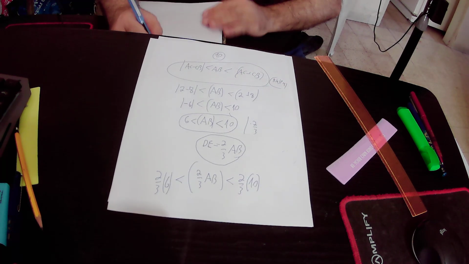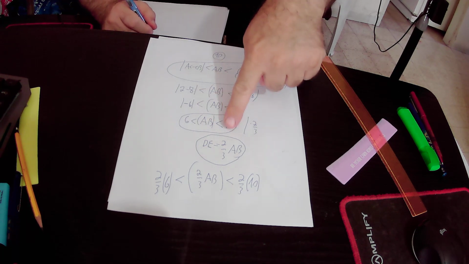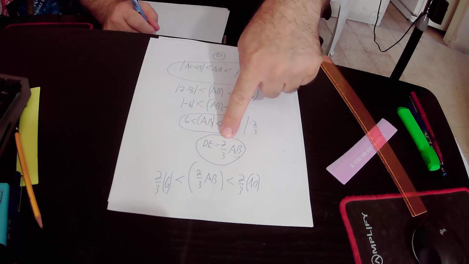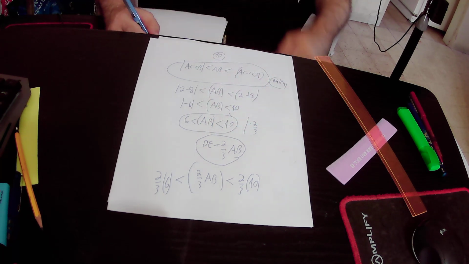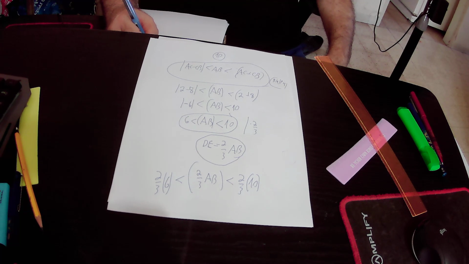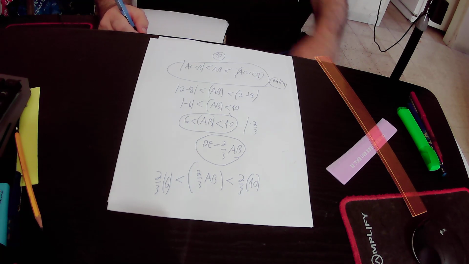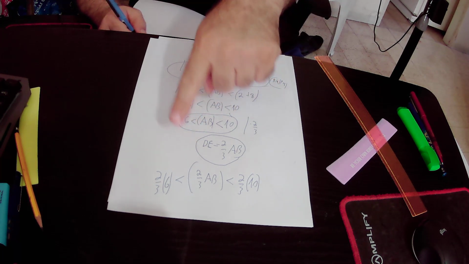So we know that 2/3 AB equals DE according to this equality, so we can substitute 2/3 AB by DE in this inequality, and we will get that DE is greater than 2 times 6 is 12, 12 over 3 is 4.